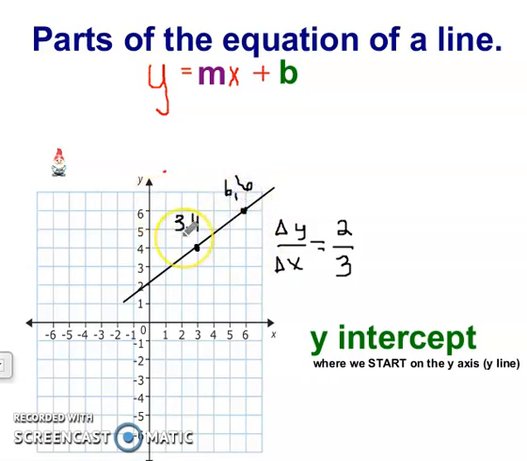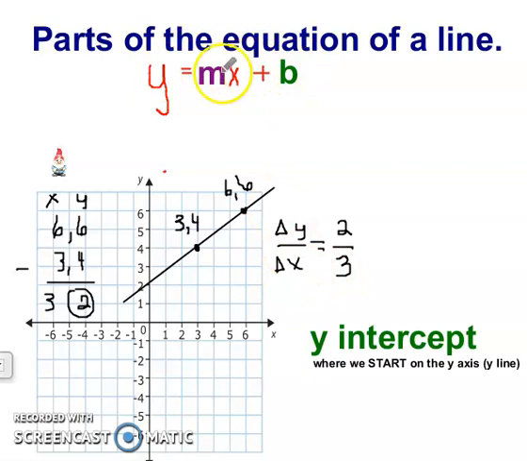And then I would subtract those. So I would put one of the ordered pairs on top, put the other ordered pair on the bottom, and subtract. So 6 take away 4 is 2, and 6 take away 3 is 3. Now I have to remember in every ordered pair, the first one is the x, the second one is the y. So my 2 goes on the top because that's my y number, and these are my x numbers, so that's my slope, 2/3.